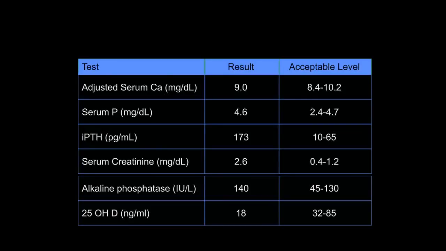Shown here are her labs. As you can see, her creatinine is 2.6, again putting her at about a stage 4 CKD. Her parathyroid hormone level is 173, clearly elevated from normal, but if she was a CKD stage 5, that would be in the target range.